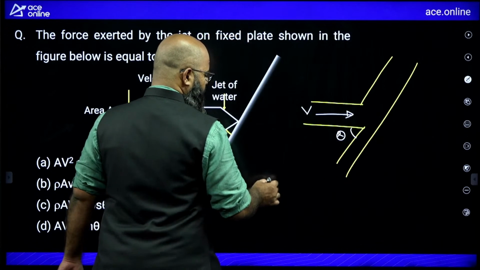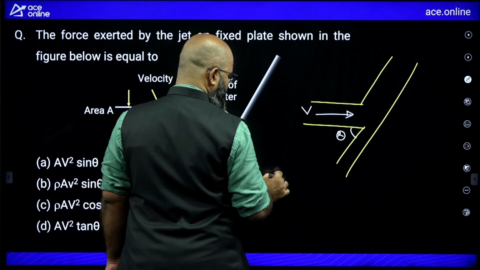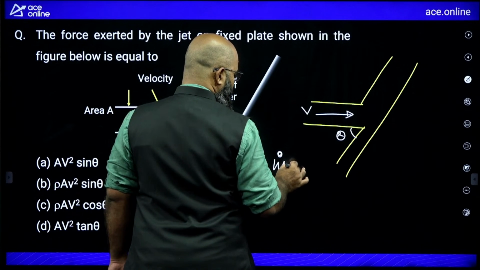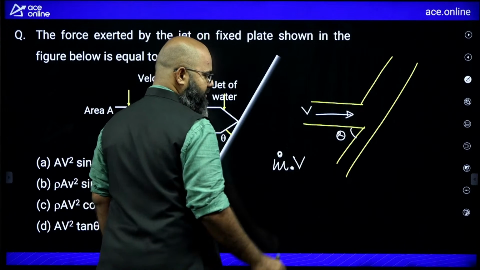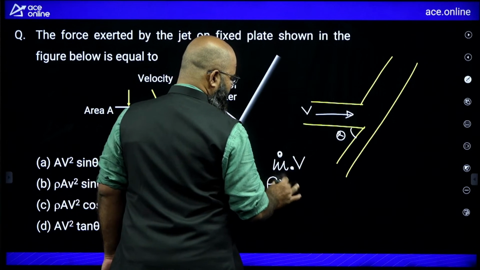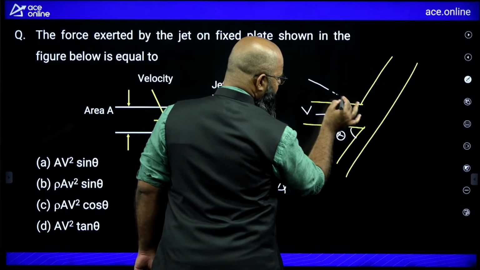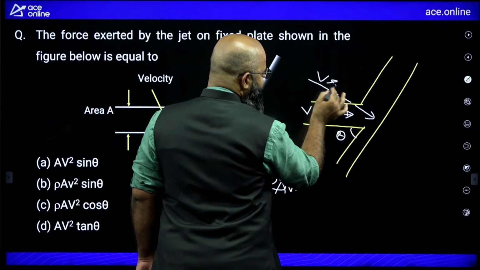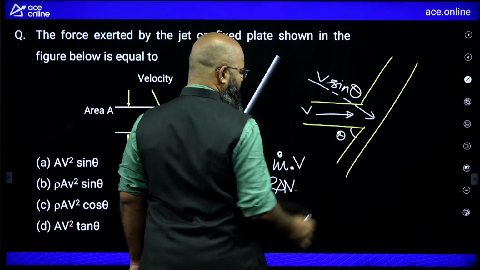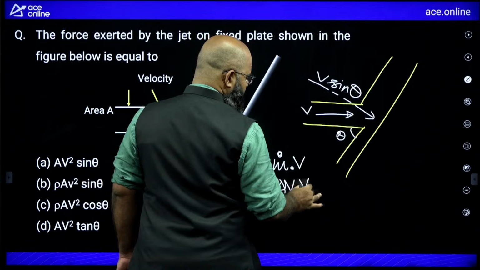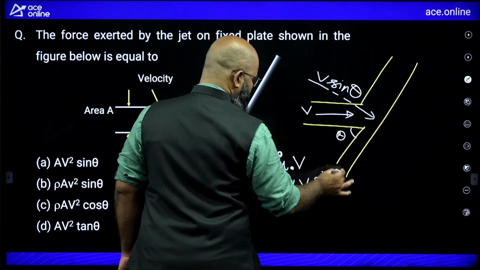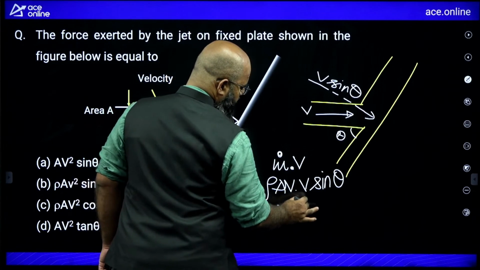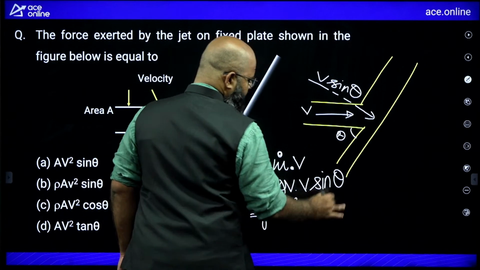So the value of force over here is equal to how much? Force is equal to m dot multiplied by velocity. M dot is equal to rho a v, but the velocity that is striking normally will be v sine theta. So this will be equal to rho into a into v square multiplied by sine theta.